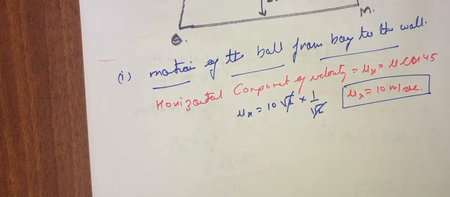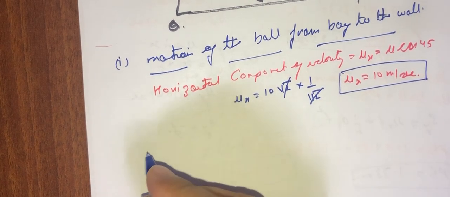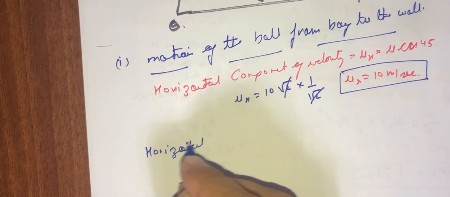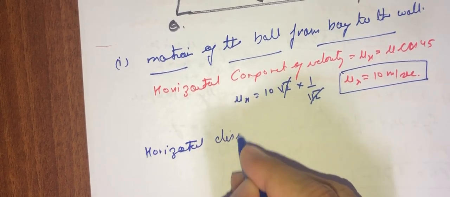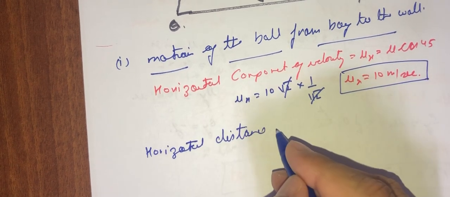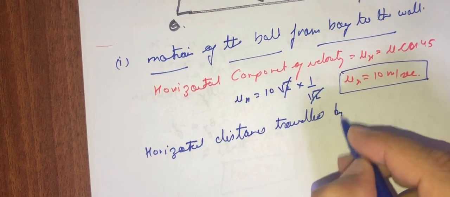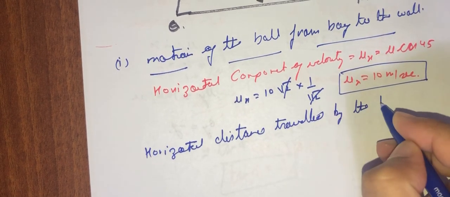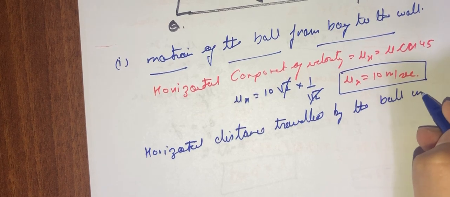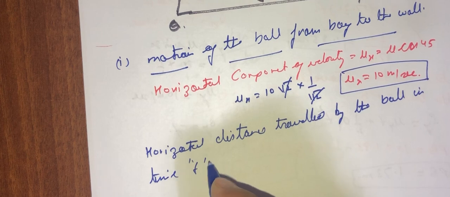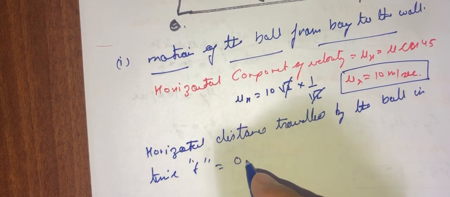Now the horizontal distance traveled by the ball in time t will be equal to ON.